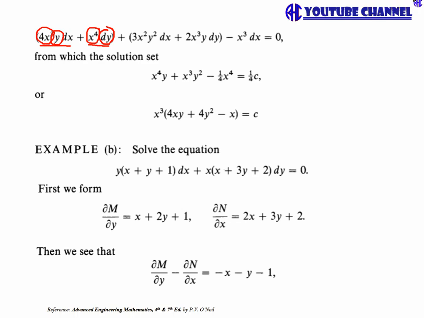So, ibig sabihin, pwede ko siyang isulat sa differential of x to the 4th y. So, that is the derivative of x to the 4th y. Then, yung 3x squared times y squared dx plus 2x cubed y times dy, that is the derivative ng... So, una, i-check muna natin to.